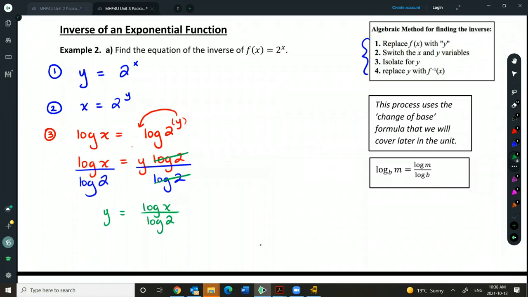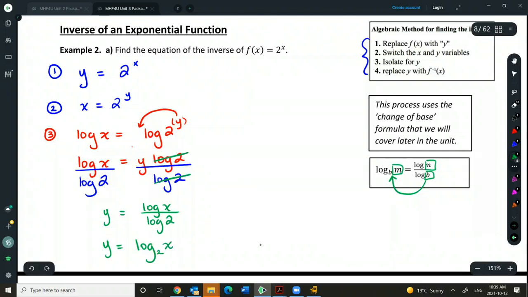Now, there's one log rule that I'm going to introduce to you here. I will talk about this again later in the unit, but for our purposes today, this is called the change of base formula. It says if I have two logarithms, some value over some value, I can express this as a single logarithm by writing it like this. The value on the bottom will become a little subscript here, and the value on top will be the full value here.